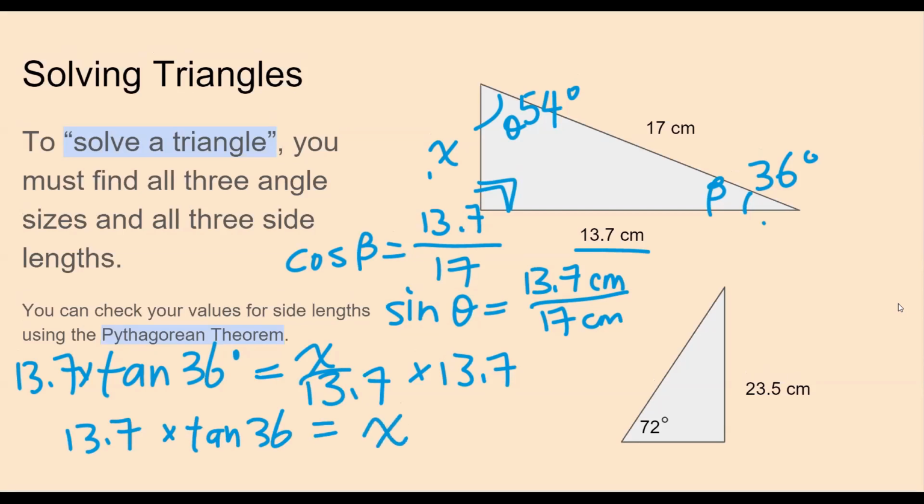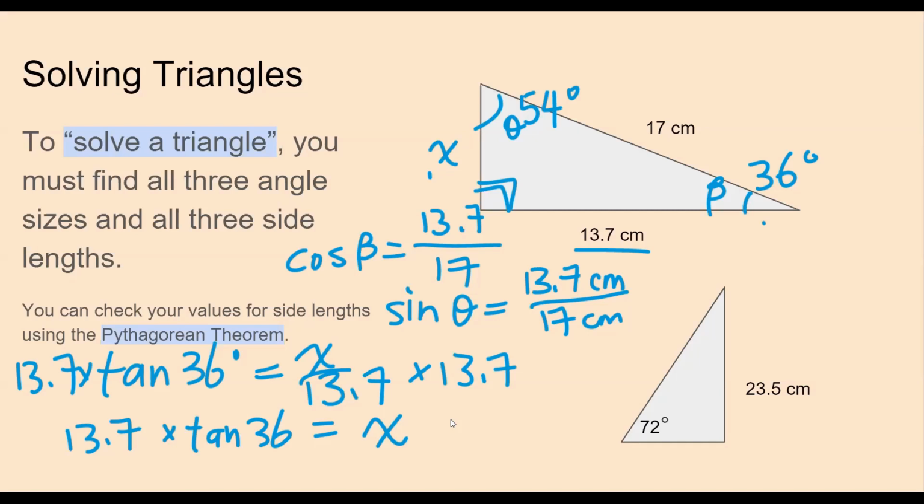And now we can put it in our calculator. Tan of 36 times 13.7. Before you put in the 13.7, it's really important to remember that you have to close off the bracket before you put in the times 13.7. If you don't, the calculator is going to read this as the tan of whatever 36 times 13.7 is, which is not what you're looking for.